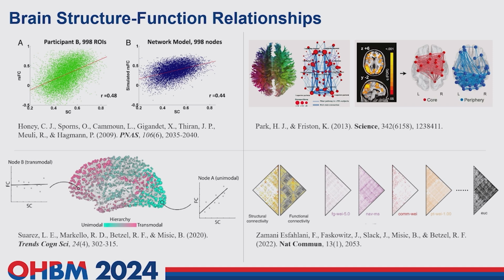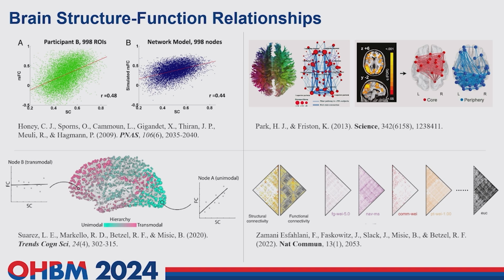Honey's work investigated the brain function and structure relationship very early, in 2009. And Park's review systematically reports the functional brain network and structural network, from connection to cognition.